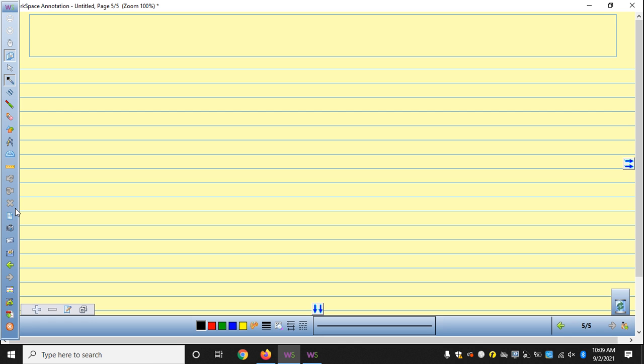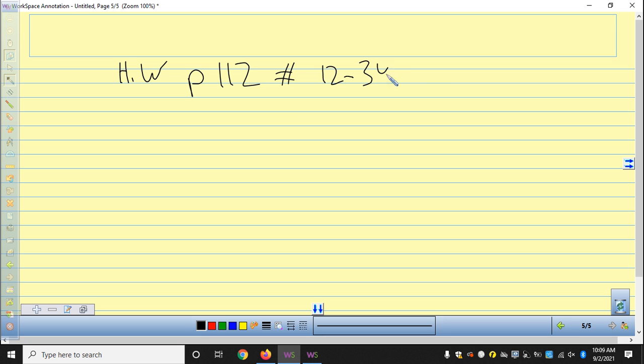So we get out at 10:50, so we have about 15 minutes to work on homework. You can get a good portion of this homework done. Is that a worksheet? It is not a worksheet. Page 112.